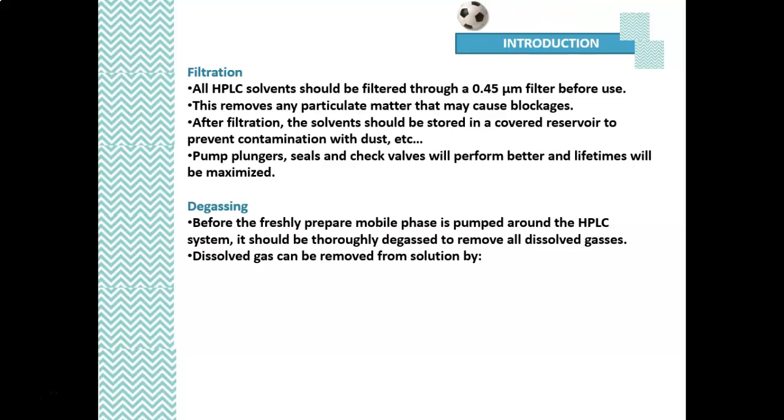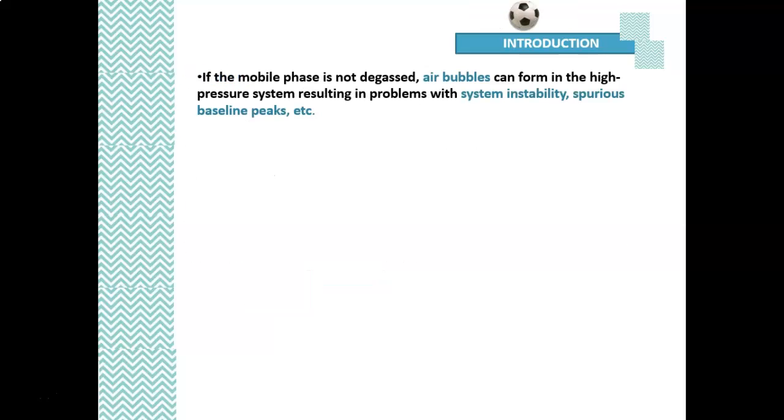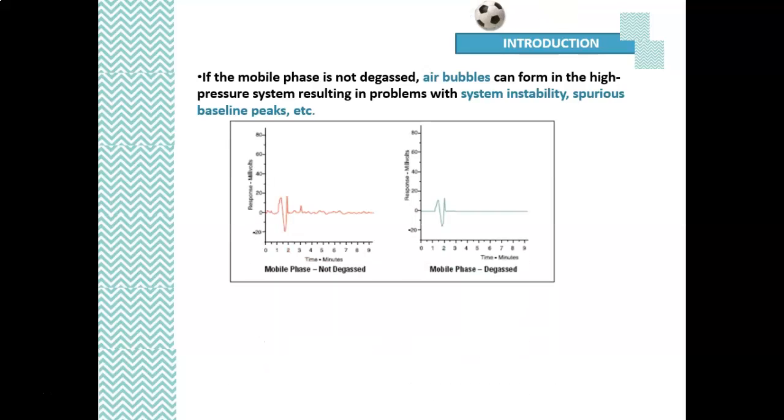Dissolved gases can be removed from solution by bubbling with helium, by sonication, and also by vacuum filtration. If the mobile phase is not degassed, air bubbles can form in the high pressure system, resulting in problems with system instability, spurious baseline peaks, and so on. We want to avoid this, so we must do a degassing step first.